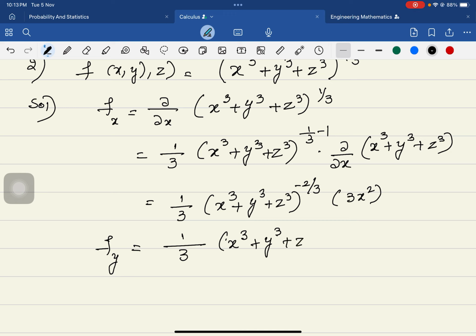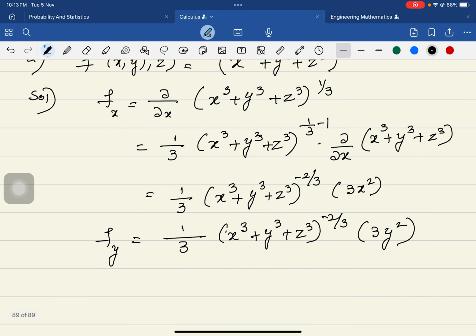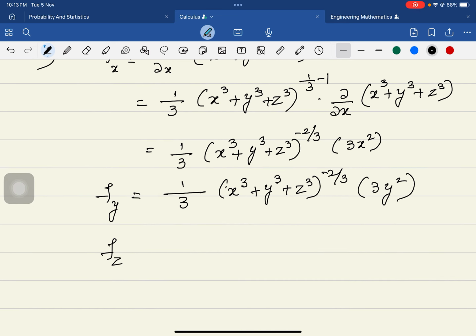So it is x cube plus y cube plus z cube to the power minus 2 by 3 times 3y square. In a similar way, you can find out fz also as 1 over 3 times x cube plus y cube plus z cube to the power minus 2 over 3 times 3z square.